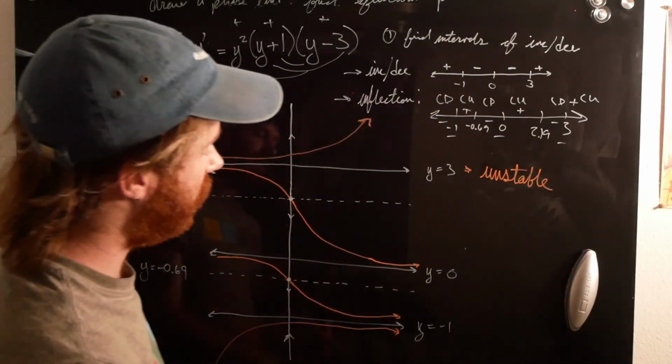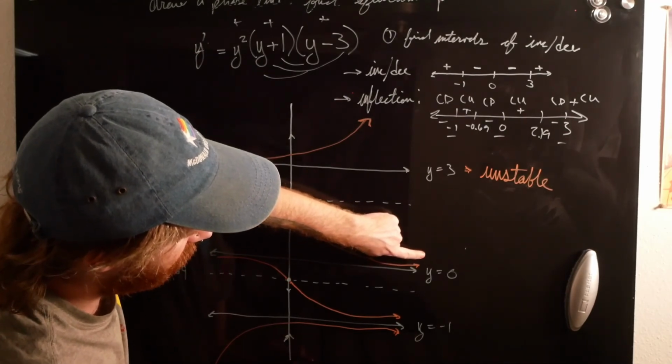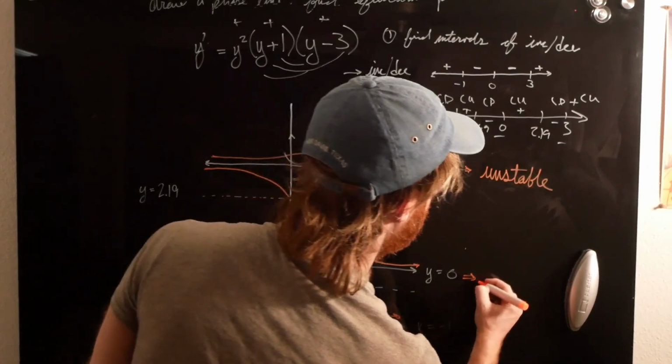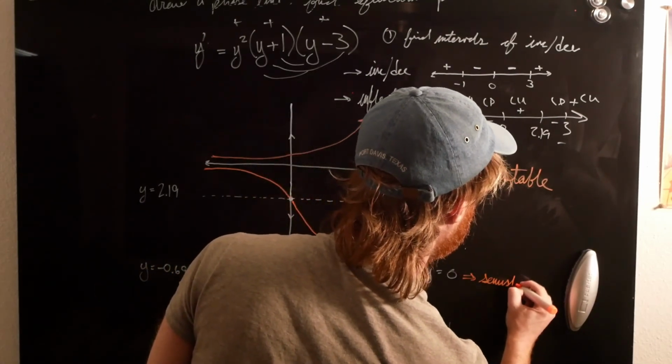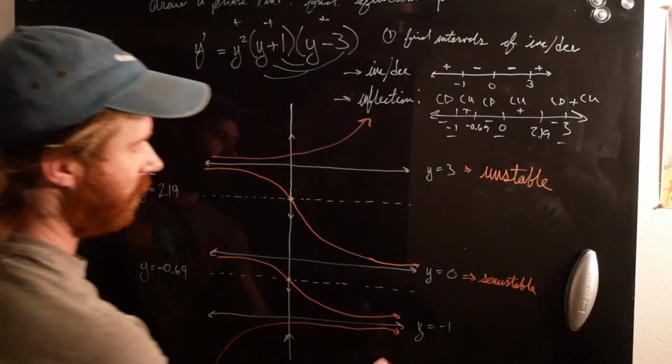Y equals 0 is semi-stable, because it comes to y equals 0 on this side, but on this side it's away from it. And then y equals negative 1 is going to be our stable point.